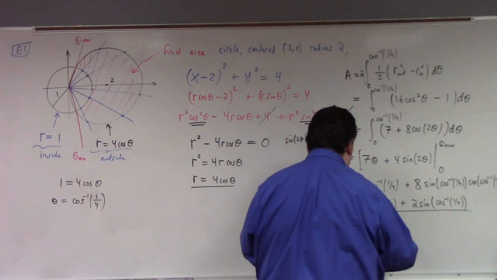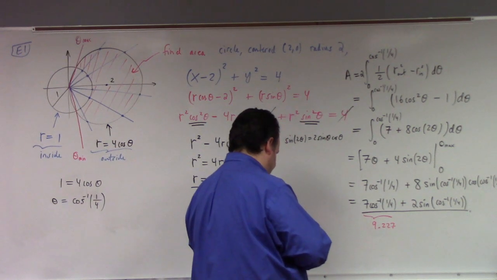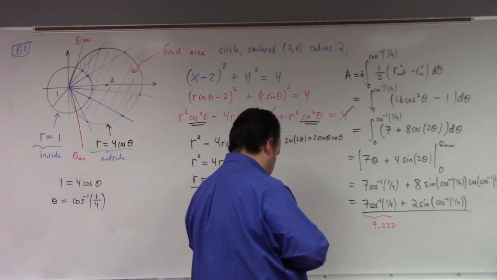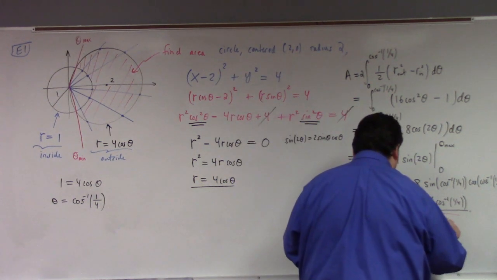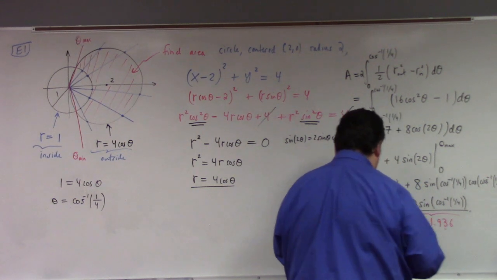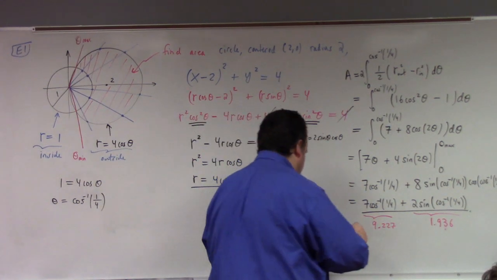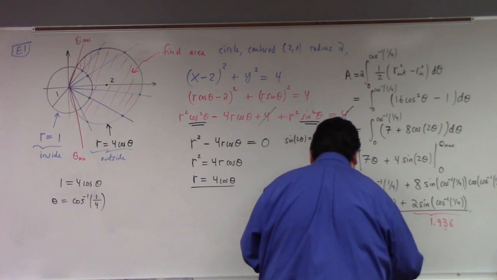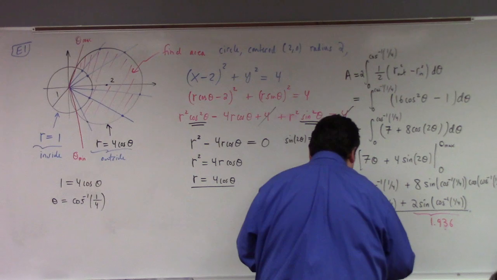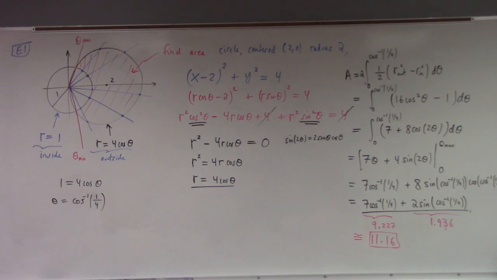And this second term gives me about 1.936. So if I add that together, I get about 11.116-ish. Of course, the exact answer is right there, but there you go.